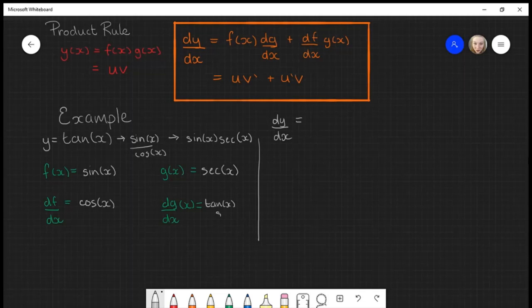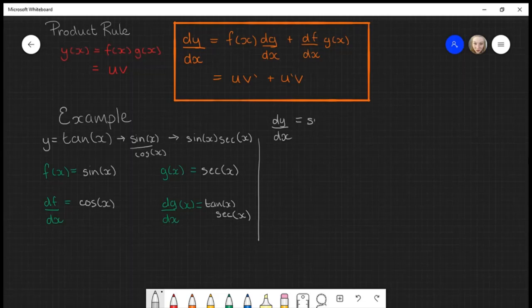I ran out of room, so I'm just going to write it at the bottom. In case you didn't know the differential of sec x, you can look it up online, or if you have a formula sheet, it will be on there. Okay, using our formula, dy by dx is f(x) times the differential of g(x).